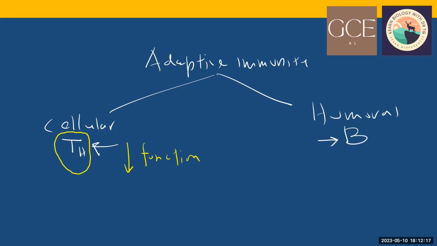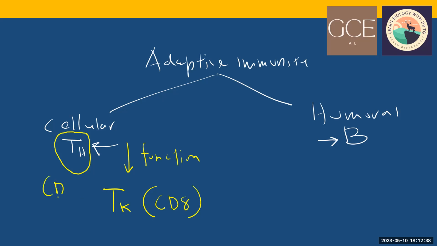The third cell is called the T killer cell. It's again a T lymphocyte, and it has another name frequently used in modern textbooks, CD8 cells.